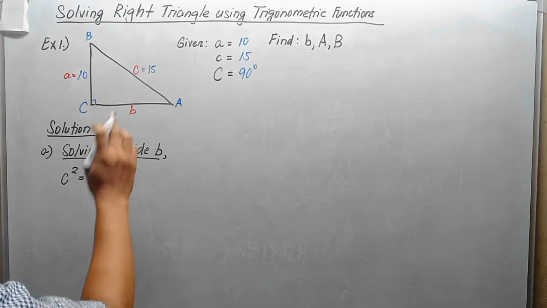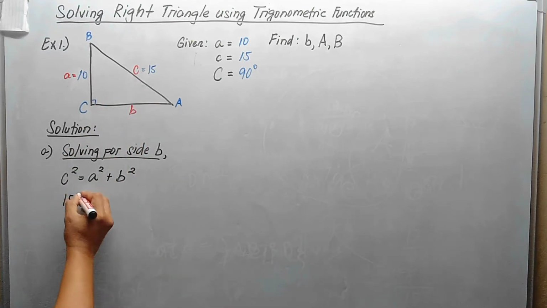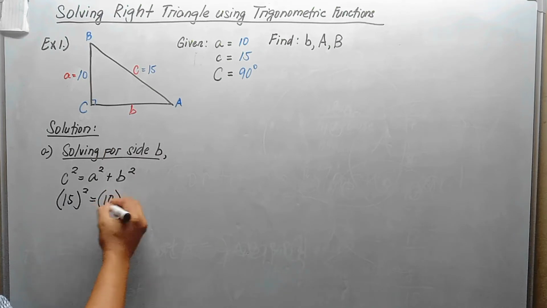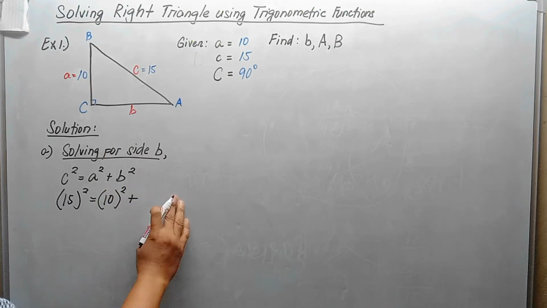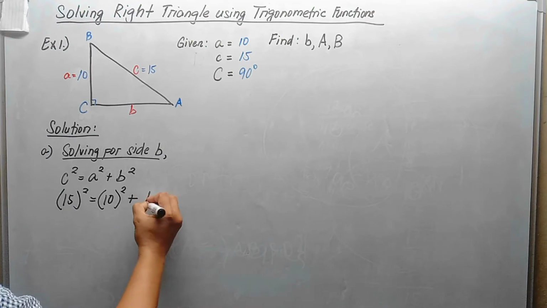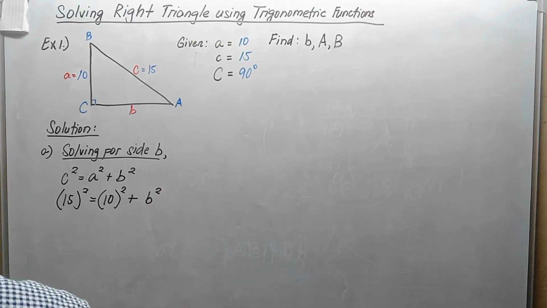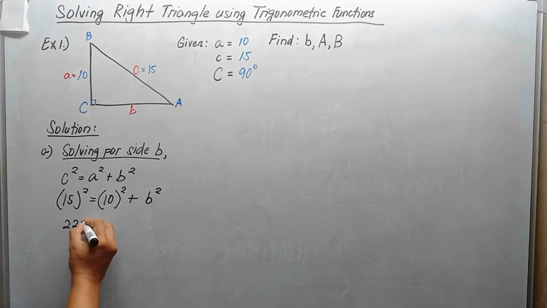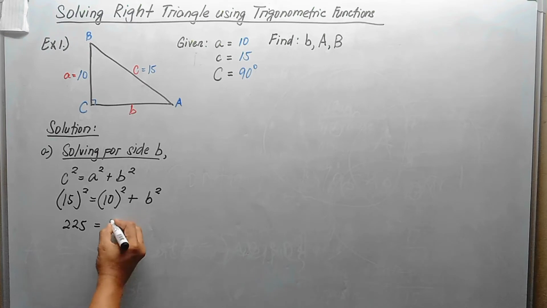C is the hypotenuse. How much is C? 15. Okay? Squared equal to A. A is equal to 10, squared plus B squared. So to simplify, guys, 15 squared is 225. 225 is equal to 10 squared, or 10 times 10 is 100, correct?